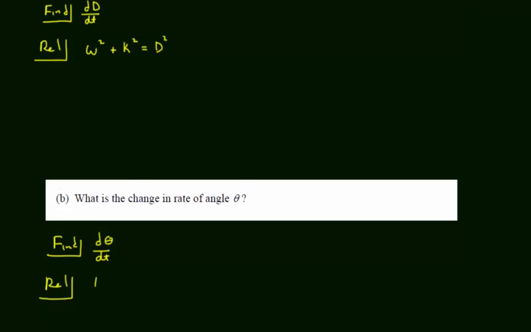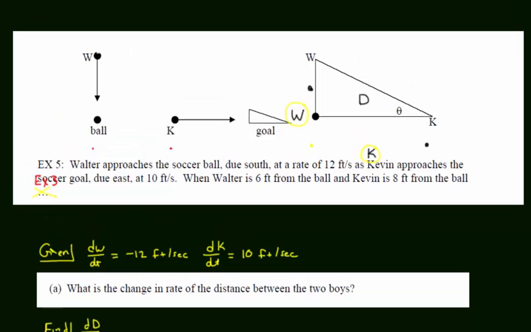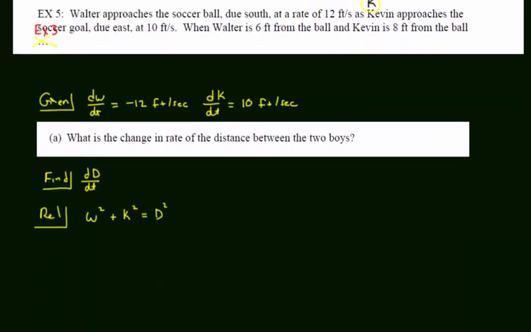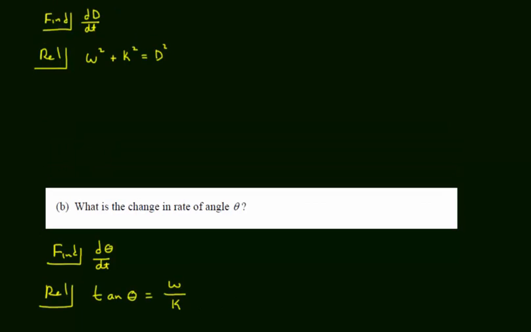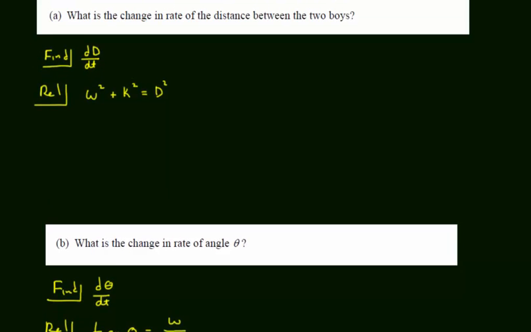So you can see here again we have that the tangent of theta is going to be Walter over Kevin. There it is. I think this is a good opportunity for you to press pause, go through and see if you can answer each one of these, and then unpause to see the solution.